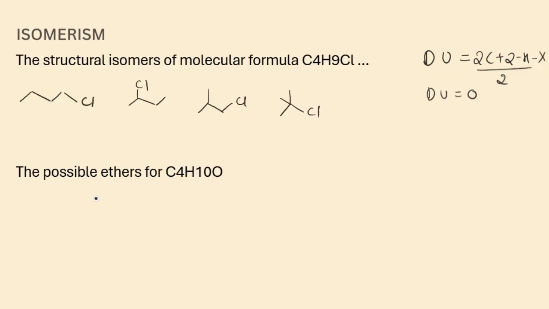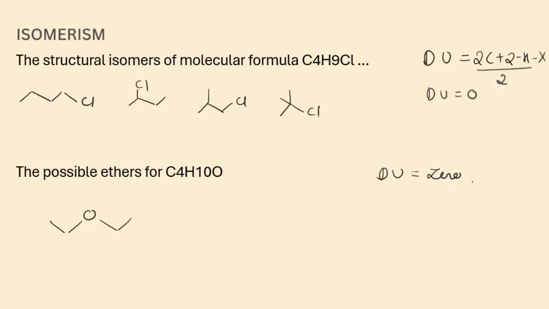Now, the next question is, what are the possible ethers for C4H10O? Again, you can calculate the degree of unsaturation. For this also, you're going to get the value as 0. That means no double bond or ring in the molecule. For ethers, we should always write the oxygen between two carbons. So how many carbons do we have? 4.